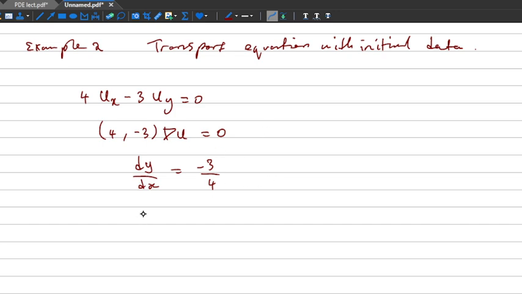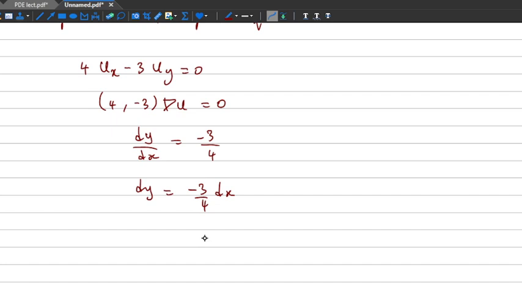So we can separate this, so dy is equal to negative 3 over 4 dx. So we can integrate both sides. So integrating this side, we have y equal to negative 3 over 4 x plus some function psi. Okay, some variable psi constant.